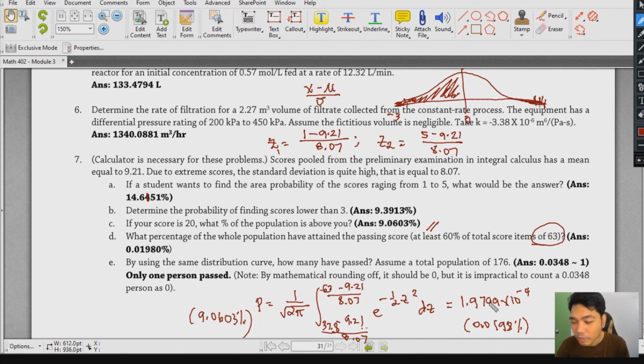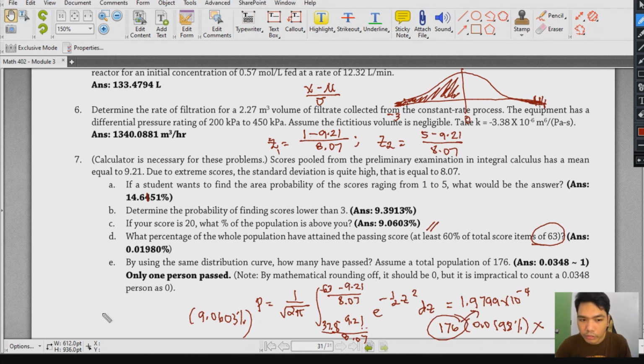So, by using the same distribution curve, ang tanong na last would be how many have passed dun sa exam na yun. So, assume a total population of 176. So, you just have to multiply this, yung passing natin sa 176, which is the number of the population. So, from that, the answer is, actually hindi siya dito kasi percentage na to.